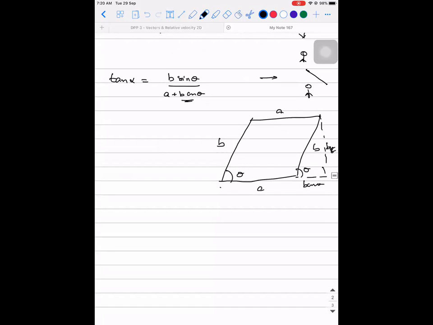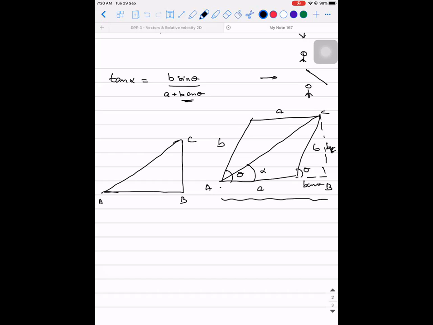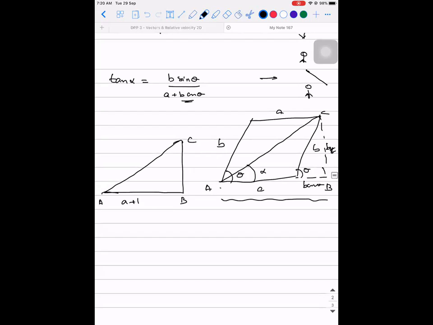Okay. So what is the base? Now what I'm going to do is, if I take this as the angle, observe, if I take the right angle triangle ABC, what is AB? A plus B cos theta.